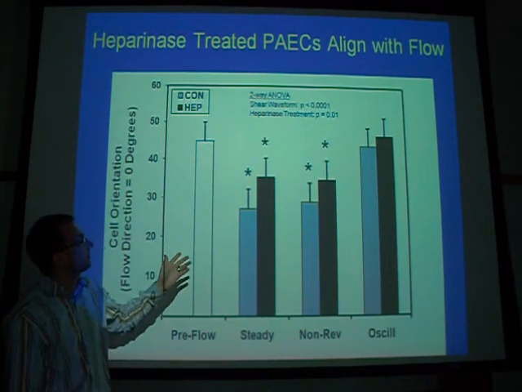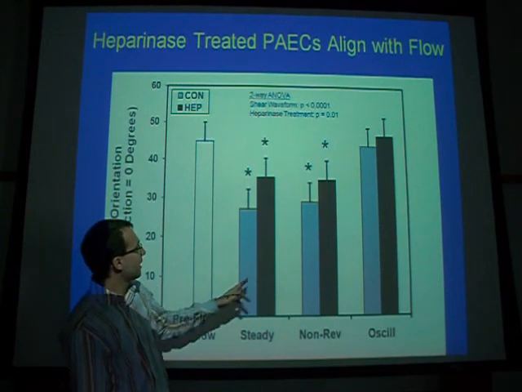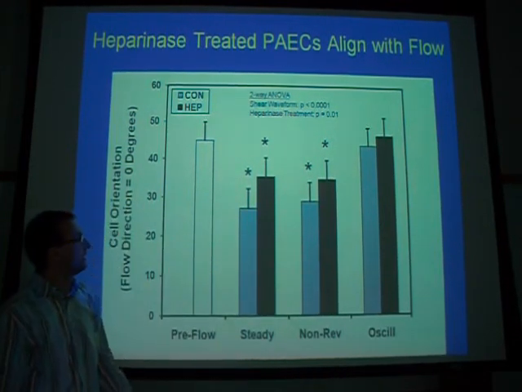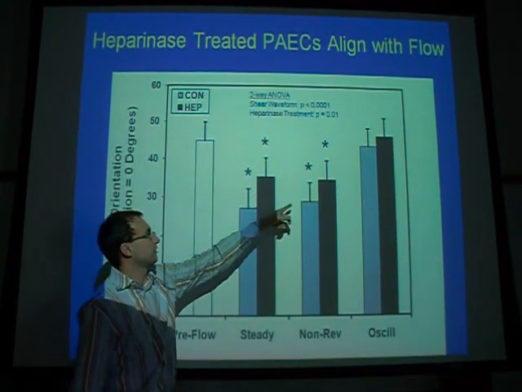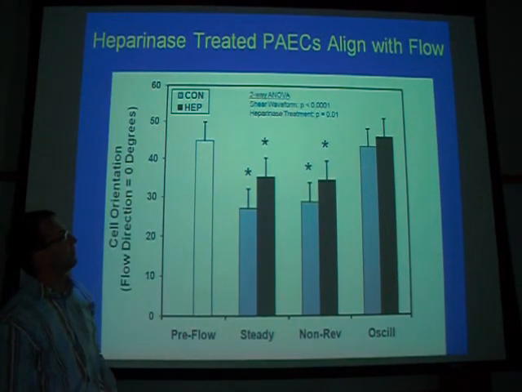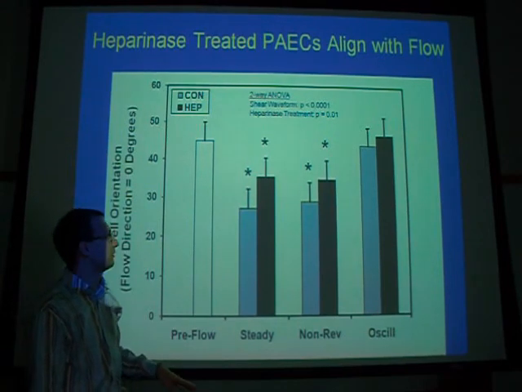Now when we add the heparinase enzyme, we see that there is still significant alignment compared to the pre-flow during the steady and the non-reversing, except you can see a trend here that there is some effect of the heparinase treatment on alignment. If you look at the two-way ANOVA results, heparinase treatment does cause a significant effect on the cell alignment.